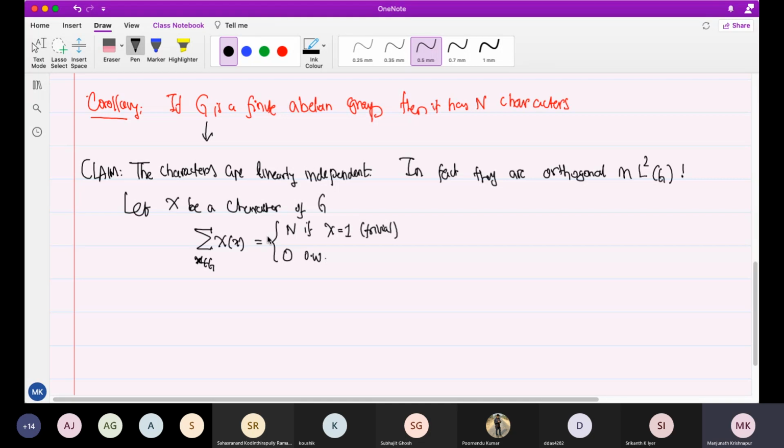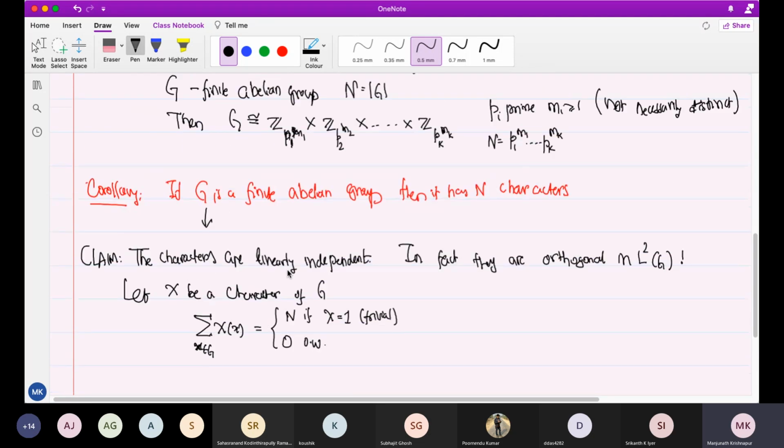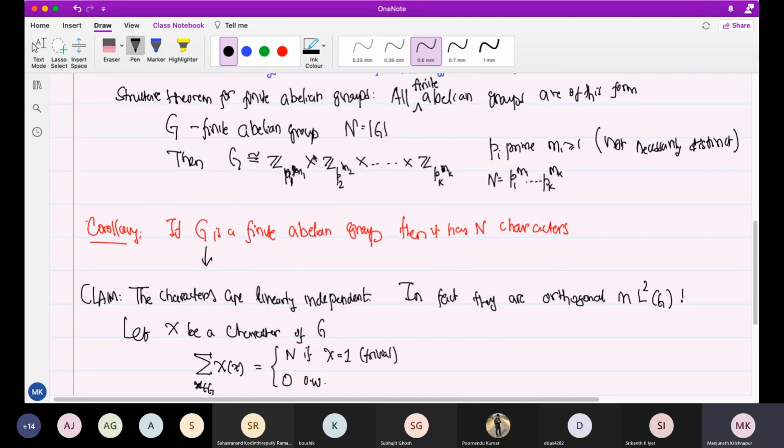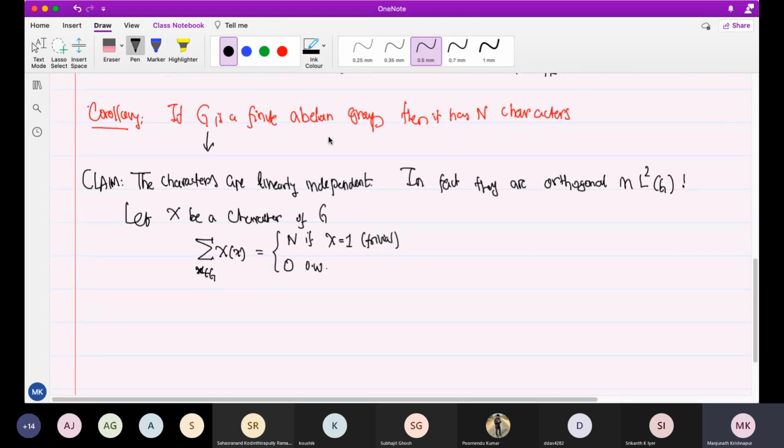This is exactly like we had in the case of Zn, the sum of roots of unity. By the way, all this you can derive from there because you have the structure theorem. You can write down the characters explicitly. So this is not a different fact. You get it from the same fact. But it's actually more interesting to do it like this.